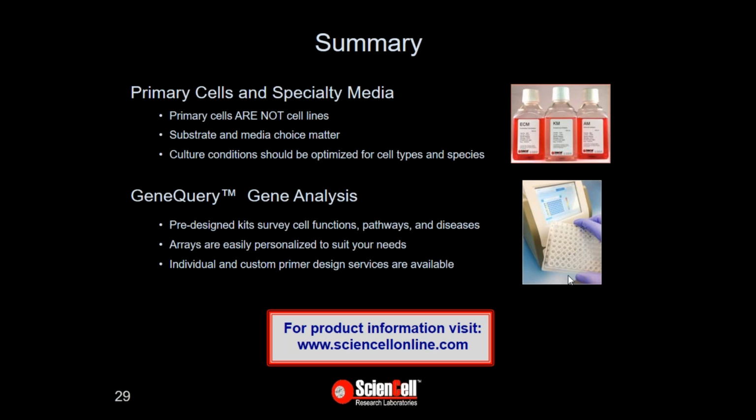And thereafter, every 2 to 3 days. You can get a good sense of when your media should be changed based on the media color, because spent medium usually changes color. The pH tends to change for it.